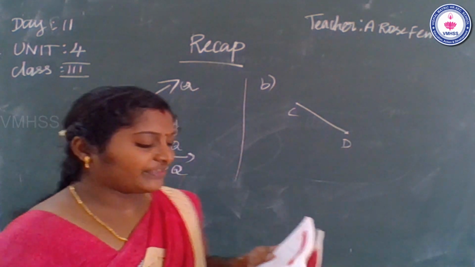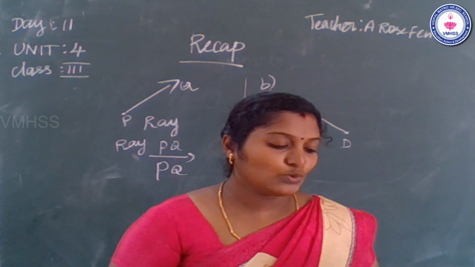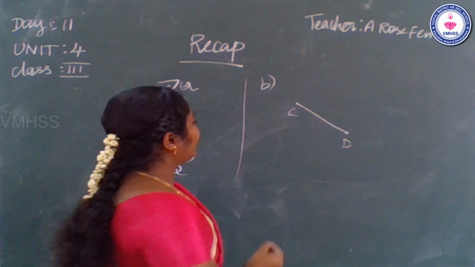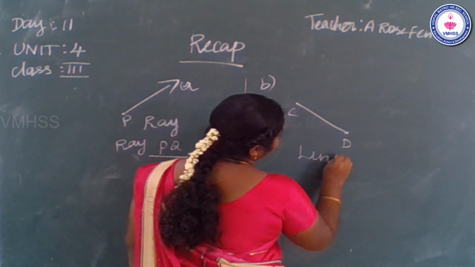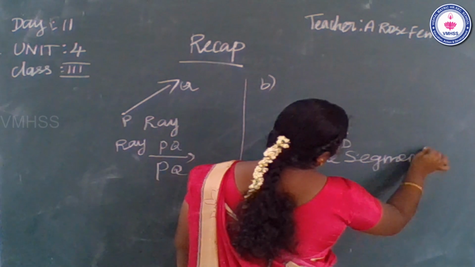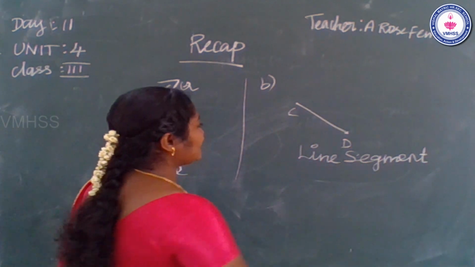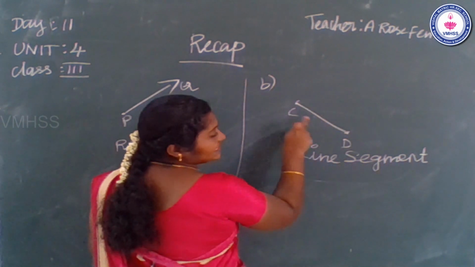What is the name of the picture? This is a line segment. Its name is line segment CD.